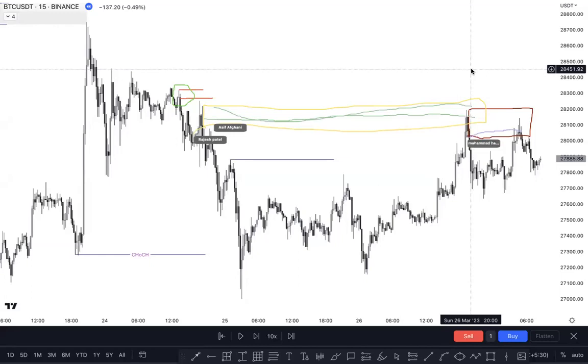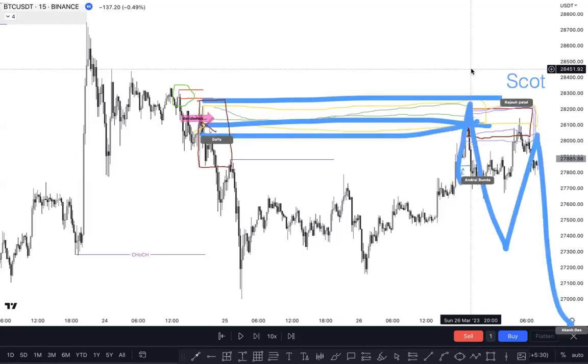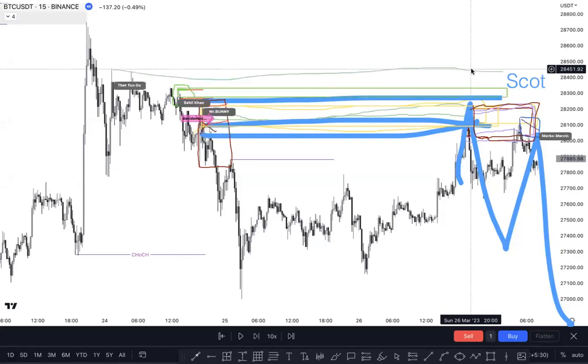When you are looking here for buy and sell based on the 15-minute time frame. SCOB. What is this SCOB? SCOB, single candle order block.